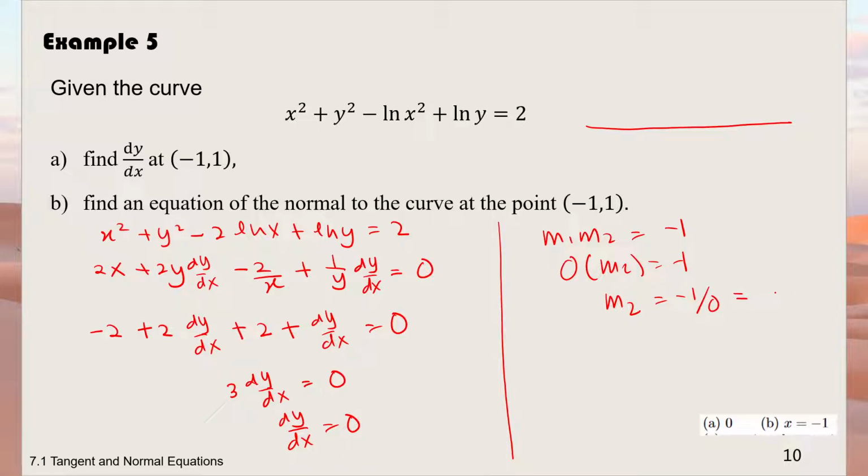If you press your calculator, it will tell you it's a math error. So what is it when you have a slope that is infinity? It means I have a line which is perpendicular to this slope. That's why this gradient is infinity.